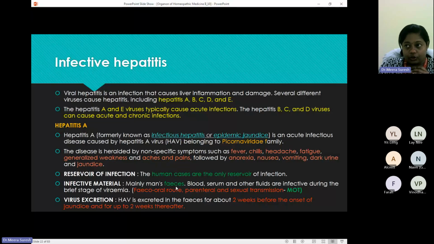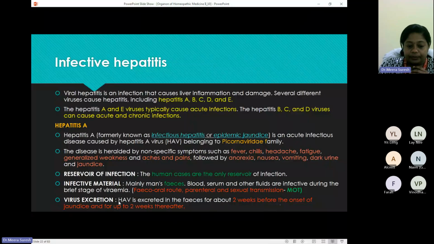The viruses are shed via the stool. Blood, serum, and other fluids are also infective during that brief stage of viremia. Mostly the mode of transmission is the fecal-oral route, parenteral via injections or even blood transfusion, and also sexual transmission.